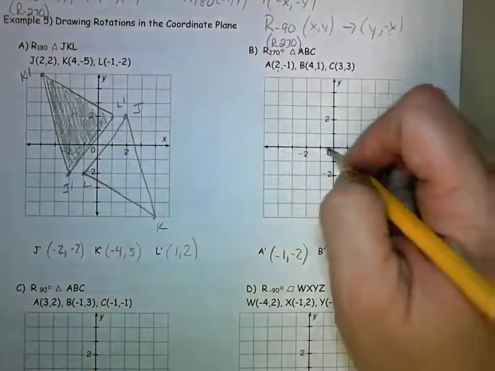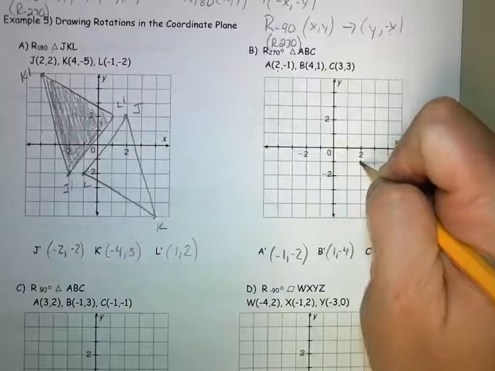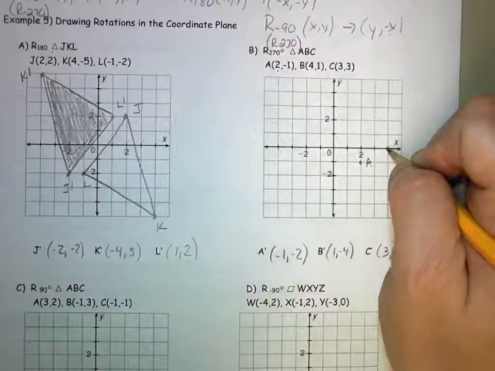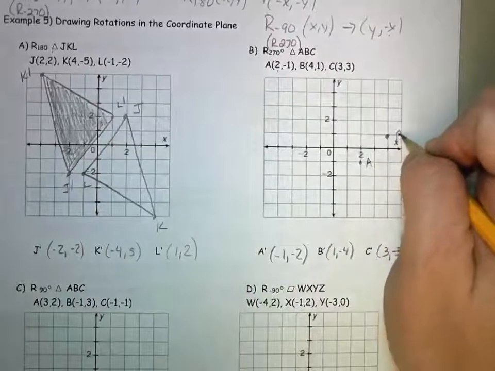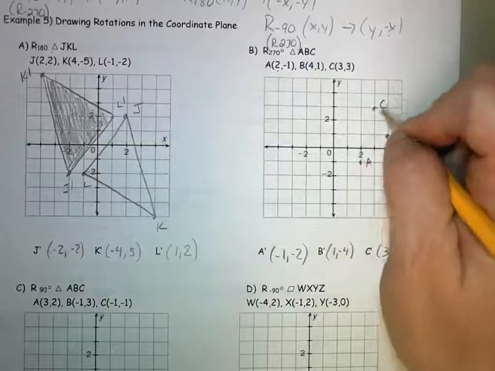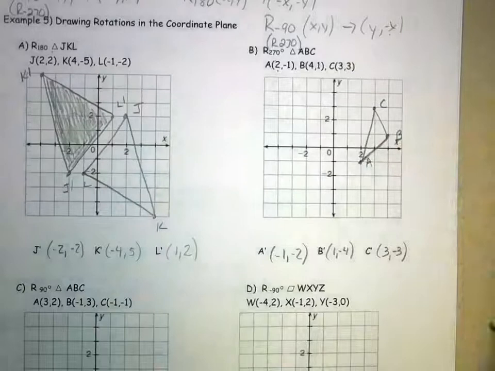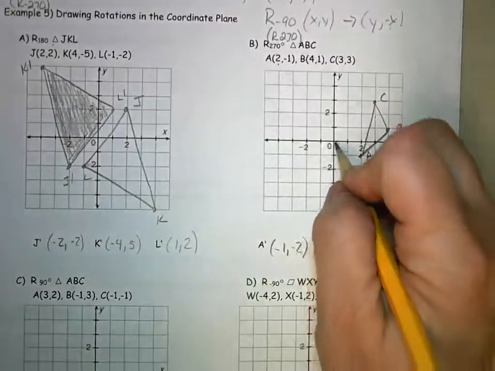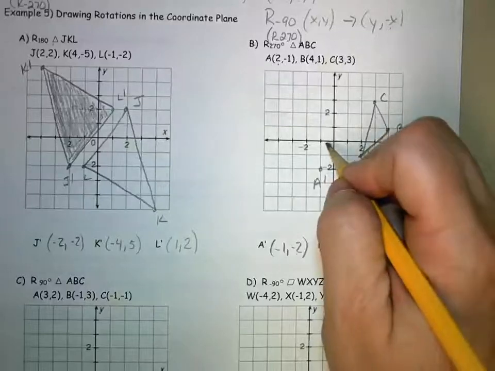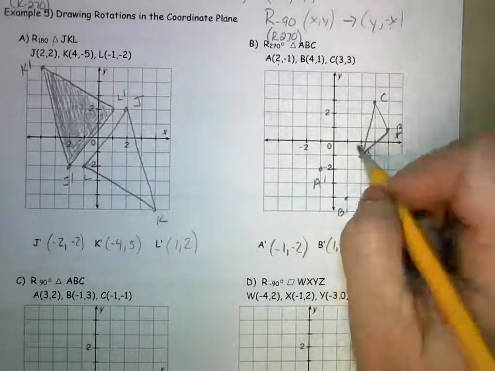So our points, starting with our first triangle, 2 to the right and down 1 is A. Over 4 and up 1 is B. And then over 3 and up 3 is C. And then the rotation, (-1, -2) is A prime. (1, -4) is B prime.